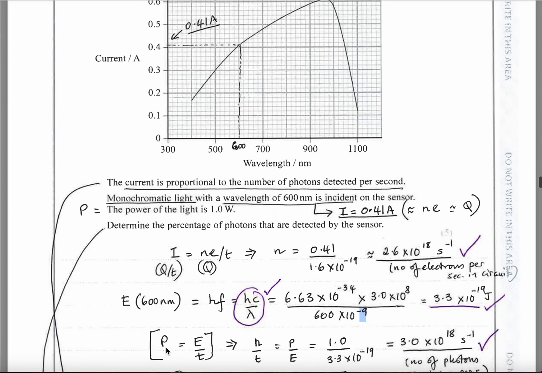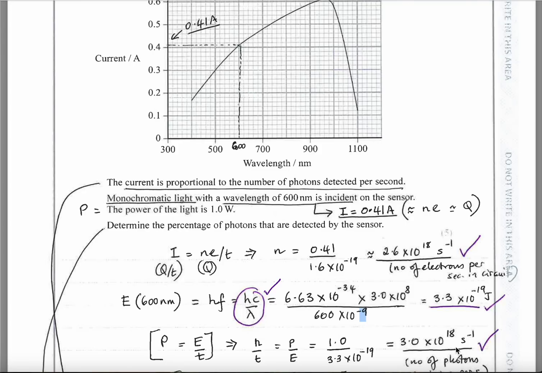Now, again, remember, we're talking about per second. And we know that the power is 1.0 watts or 1.0 joules per second. Therefore, power over energy is 1 over time. This will tell us how many photons are needed to create this 1.0 joules per second.